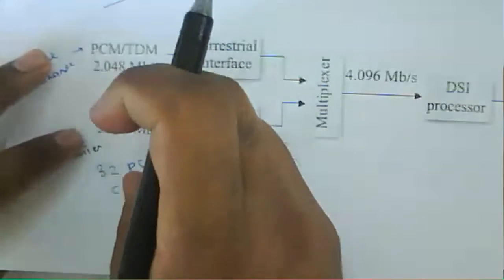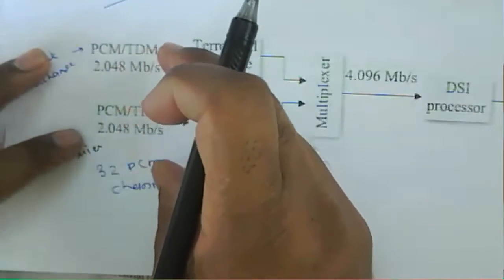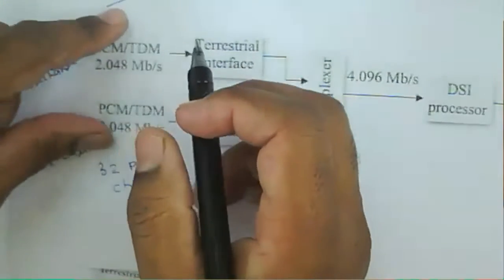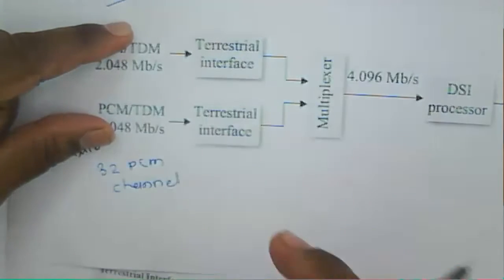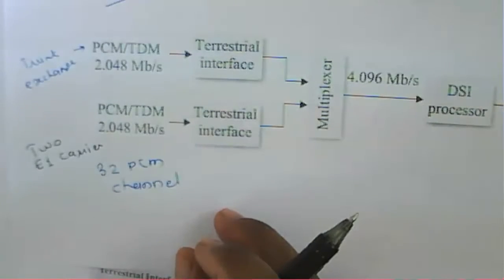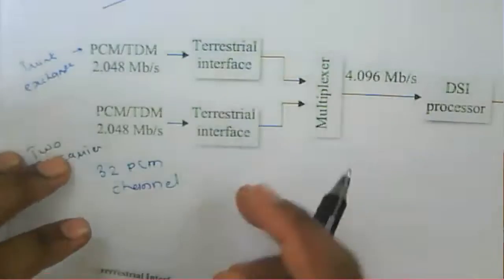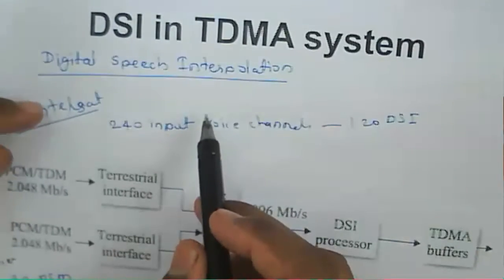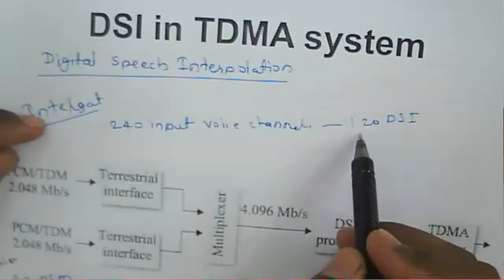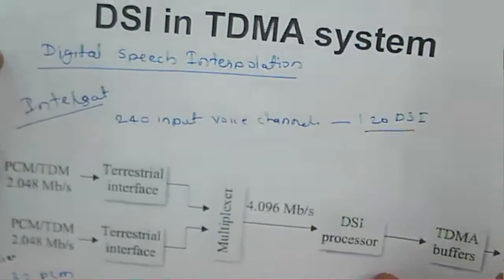where 2 PCM or TDM streams are compressed to one stream. Or you can say that the 240 input voice channels we have are compressed to the 120 DSI.